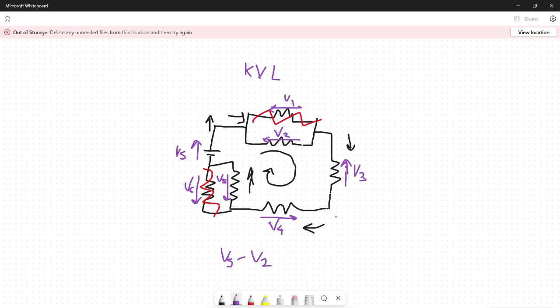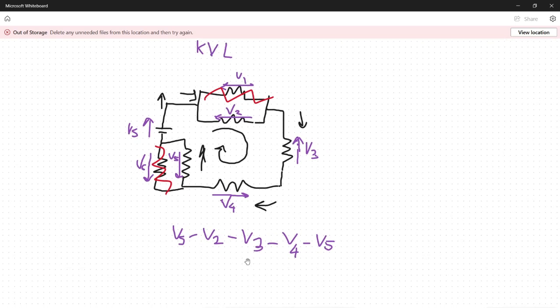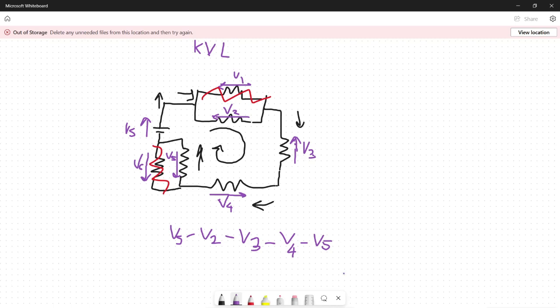V3 is going to be the same. No, it's in the opposite direction, sorry. So that's minus. And V4 is in the opposite, and so is V5. So this will then all equal 0.